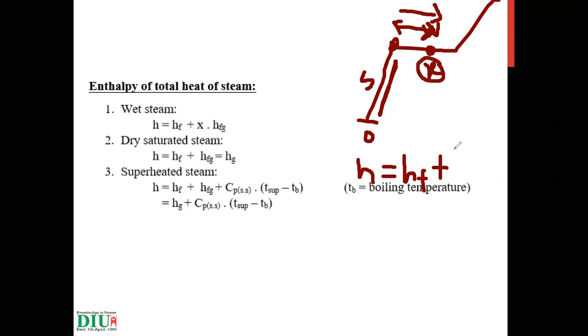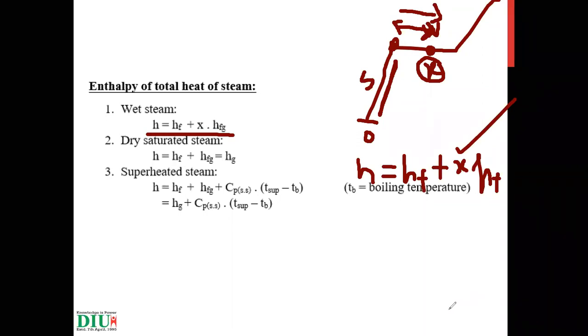That's why x into HFG, where x is the dryness fraction, the amount of steam: 80%, 90%, 20%, 30%. That will be given in the example. So this is for wet steam.